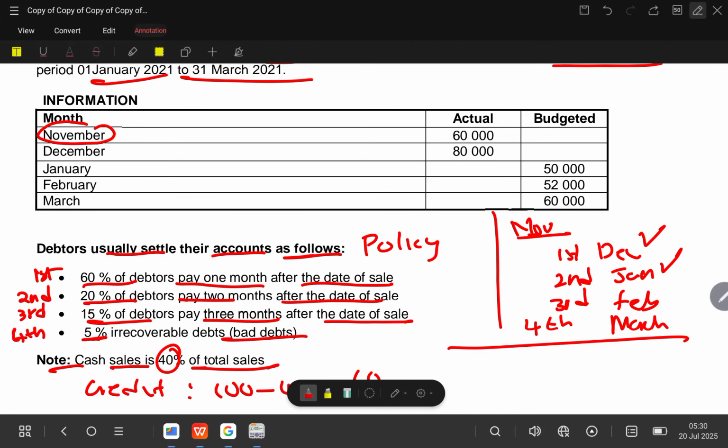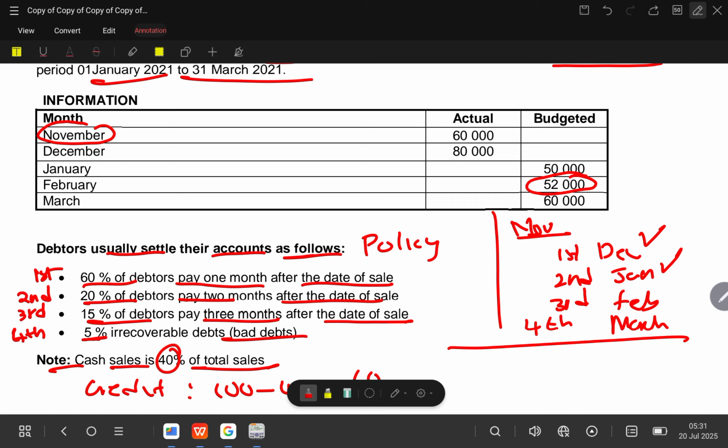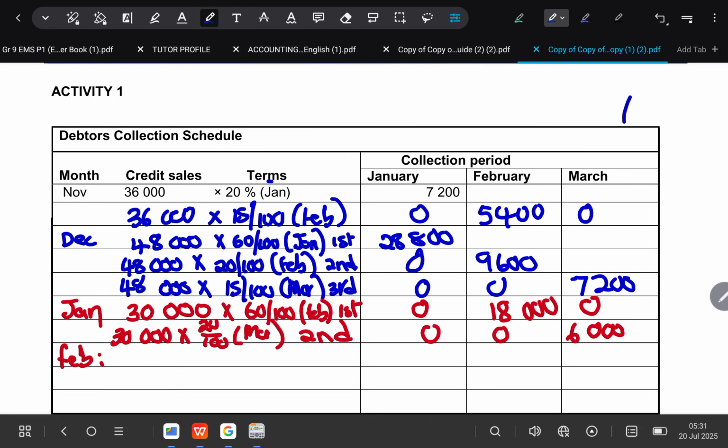Credit sales for February is 52,000, right? Remember, our credit sales is 60%. So 52,000 multiplied by 60% gives us 31,200. So we need to have that 31,200 here.